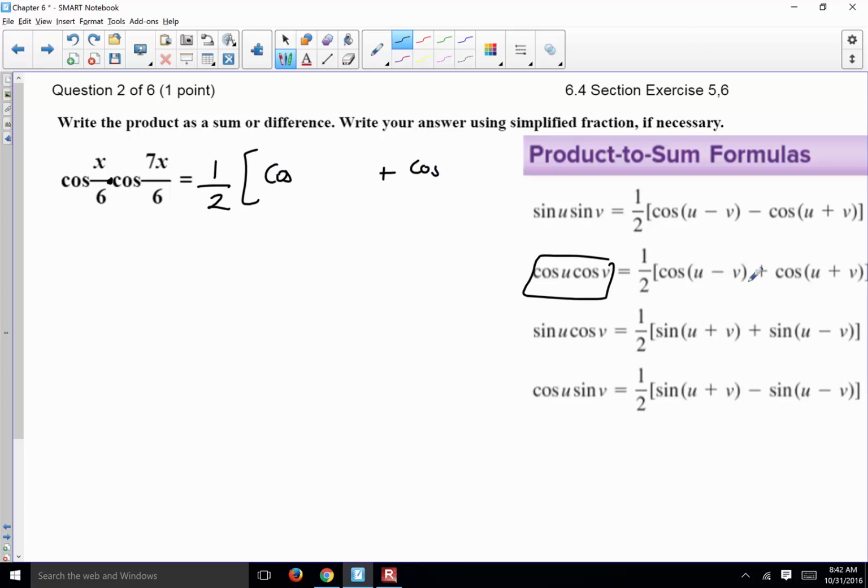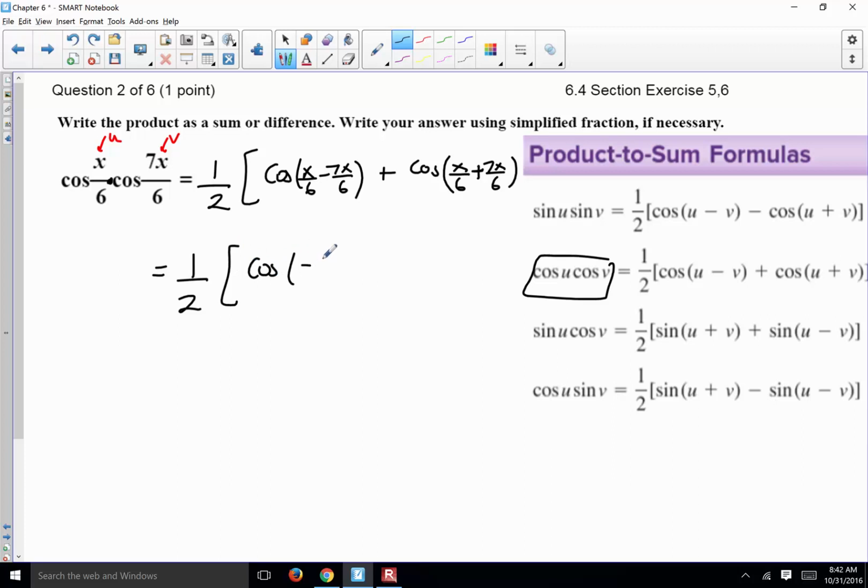I have u minus v, u plus v. This is u, this is v. u minus v: x over 6 minus 7x over 6. And u plus v: x over 6 plus 7x over 6. So it's plus.